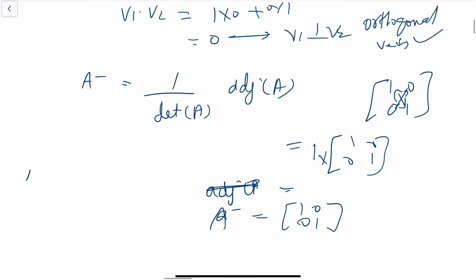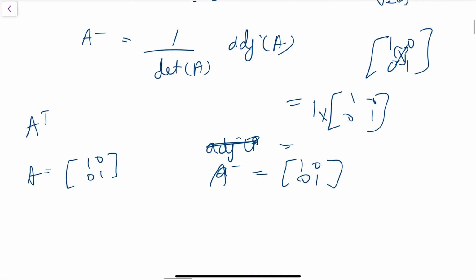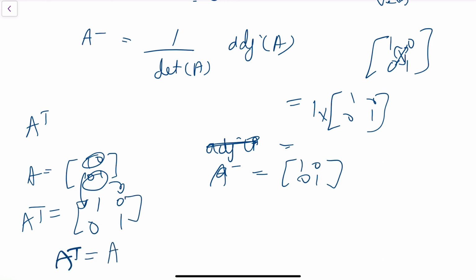Now let's talk about A transpose. A is [1, 0; 0, 1]. A transpose is obtained by exchanging rows and columns, so A transpose is equal to [1, 0; 0, 1]. You see A transpose is also A, but the important thing was to check whether A transpose is equal to A inverse. That's the claim, and you see that they indeed are.